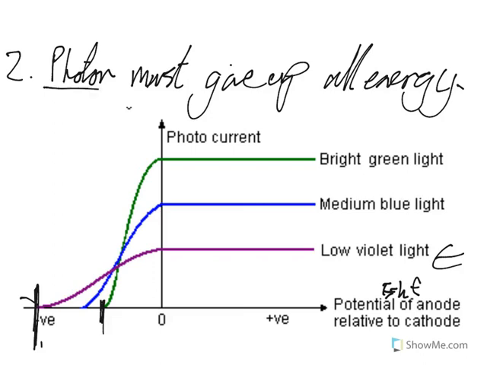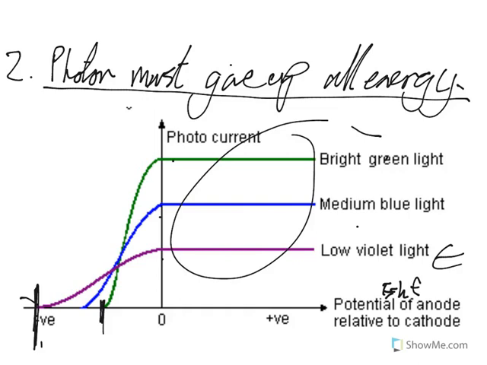So that's this bit, the photon giving up all its energy. The high frequency, high energy violet light photons give up all their energy, and so those electrons are moving more quickly. Again, each of those is the saturation point. On this, the intensities of the light are different, so we can't really compare this section, but this section down here is what we are talking about, giving up all the energy.